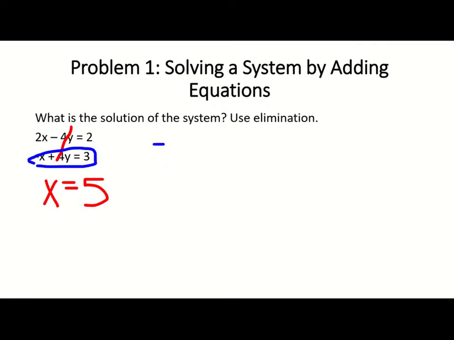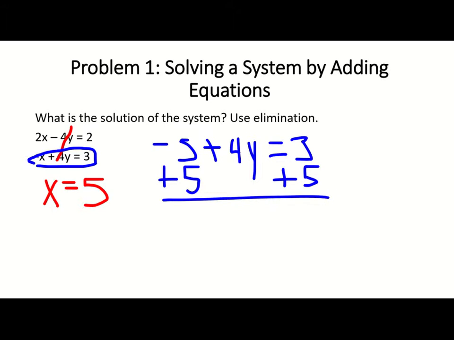So that says negative of my x value, 5, plus 4y equals 3. I'm going to add 5 to both sides to get 4y equals 8. And when I divide by 4, y is 2, because 8 divided by 4 is 2.